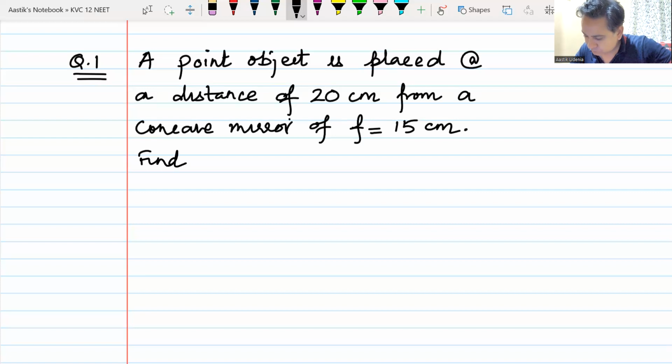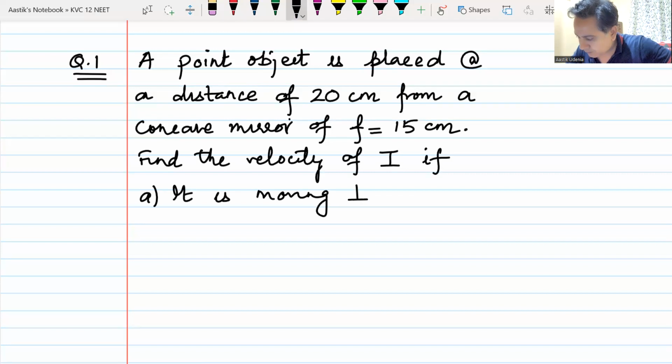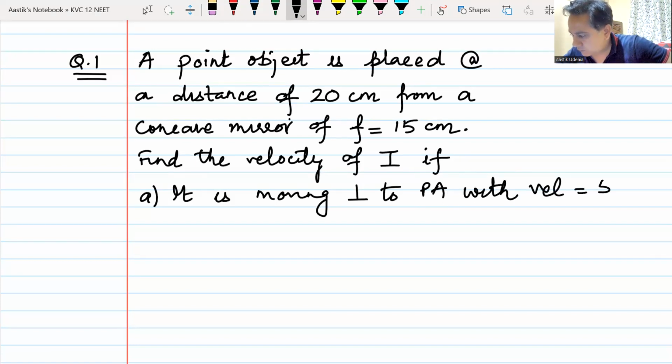Find the velocity of the image. (A) It is moving perpendicular to the principal axis with velocity 5 meter per second.